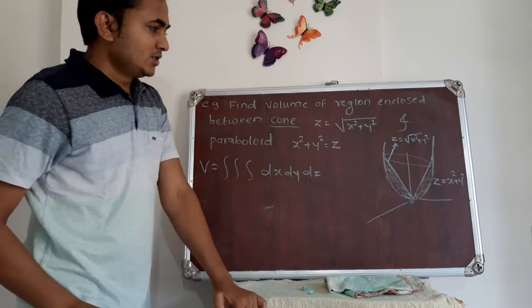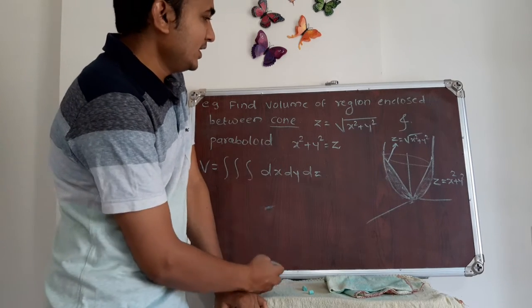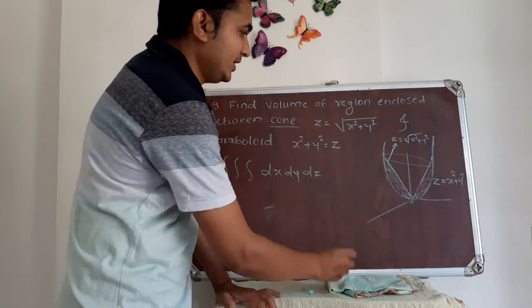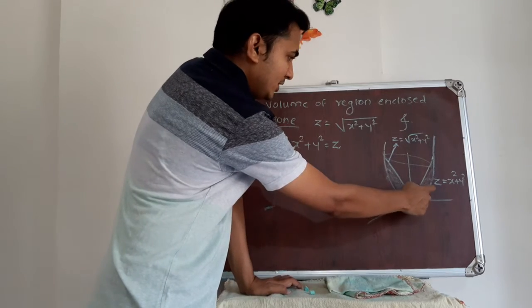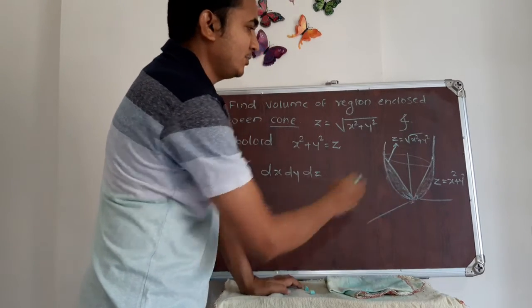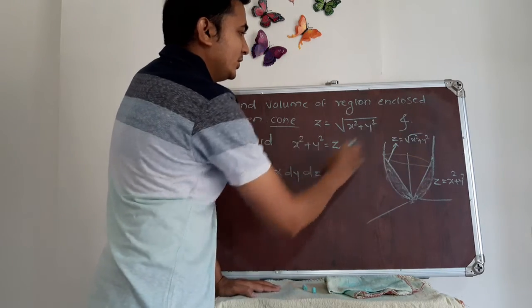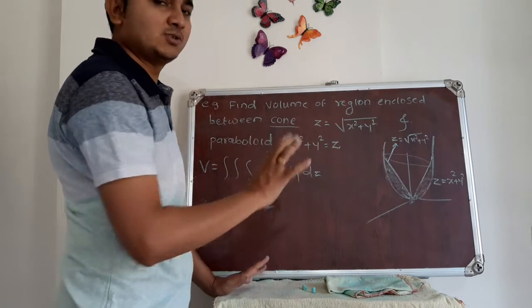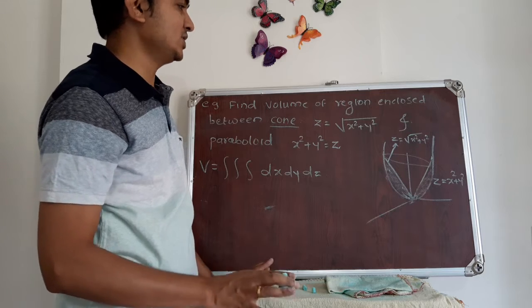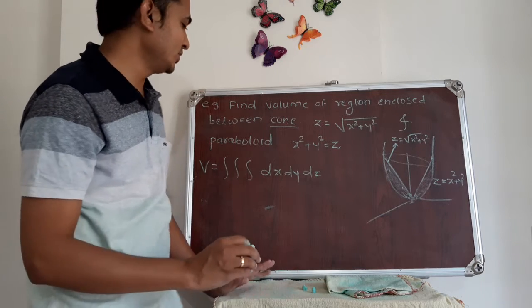From the figure, the limits of z are clear. What is the value of z on this paraboloid? It is x square plus y square. And what is the value of z on this cone? It is under root x square plus y square. So let us integrate with respect to z so that things will be easier.